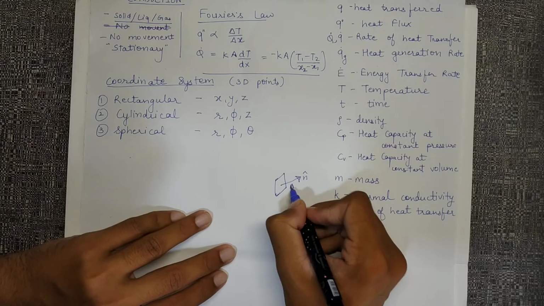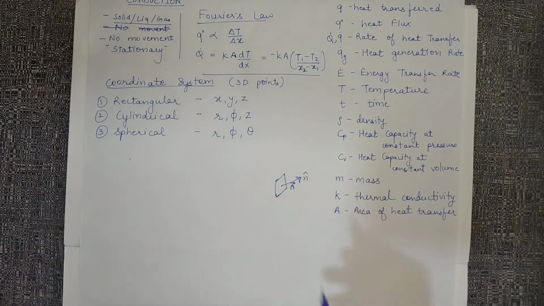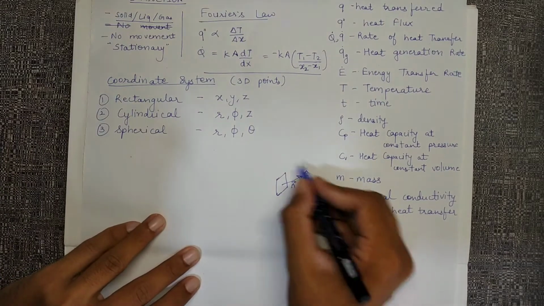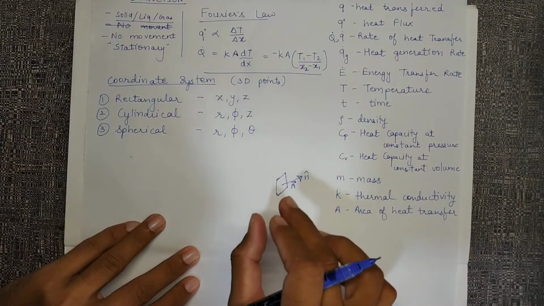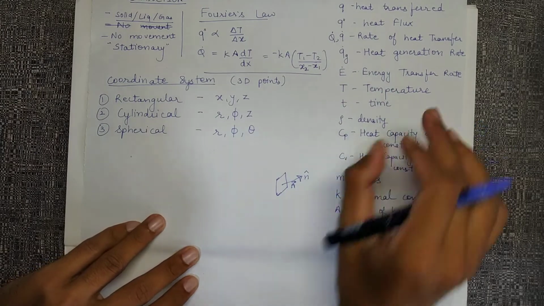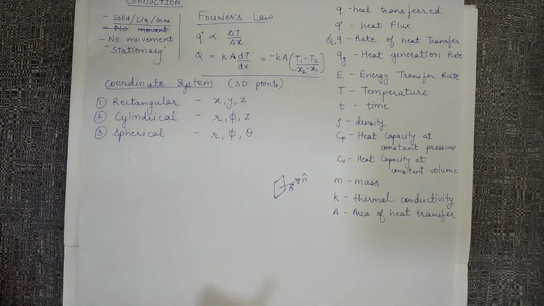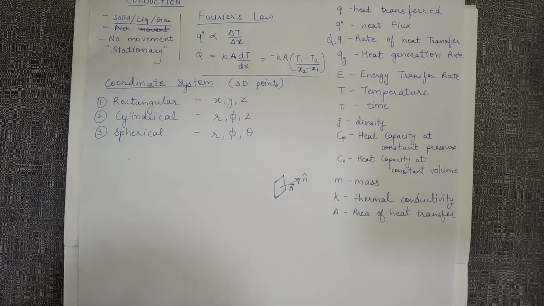So this is an area vector. Generally we are not aware of this, so I'll explain the area vector, and in the next video we'll go into more detail on temperature. It is a scalar quantity, and how do we use these coordinate systems to define temperature, and how do we measure temperature, etc. So as of now, thank you.